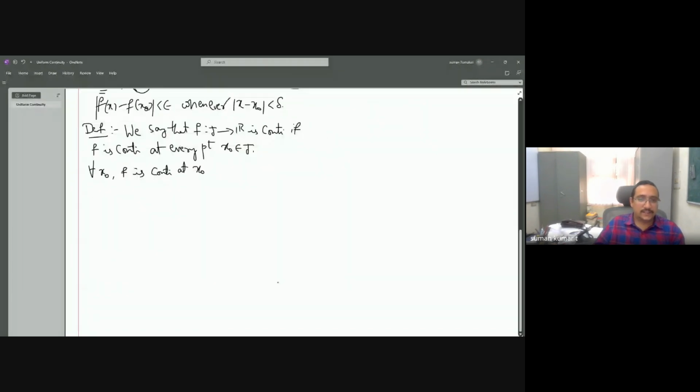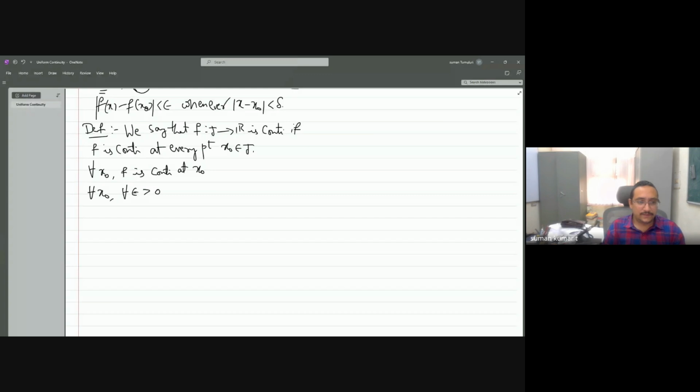In other words, whatever x naught I choose, what do you mean by f is continuous at x naught? Whatever epsilon I choose, there exists delta positive such that |x minus x naught| less than delta implies |f of x minus f of x naught| less than epsilon.